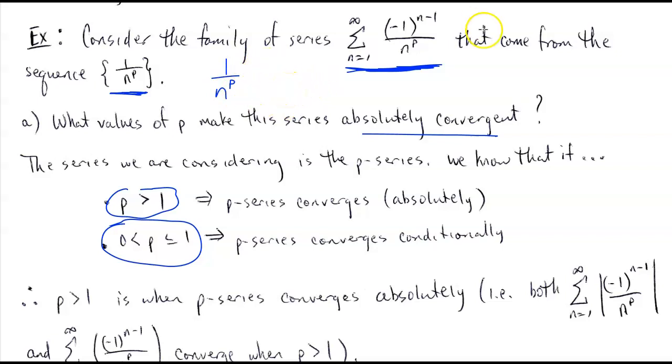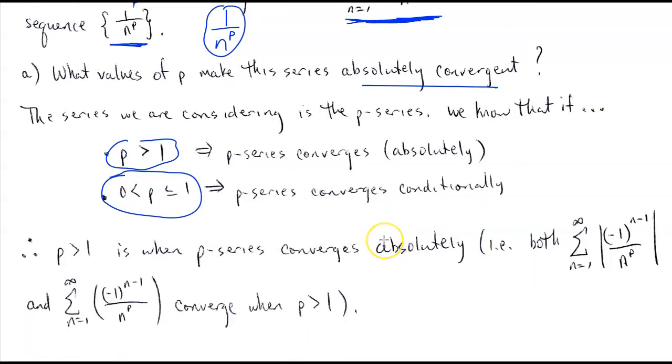So that means that the values in this particular sequence are ultimately decreasing. And of course, if I took the limit of this, with P in between 0 and 1, as n approaches infinity, it's still going to go to 0. So it'll meet the conditions of the alternating series test, okay?